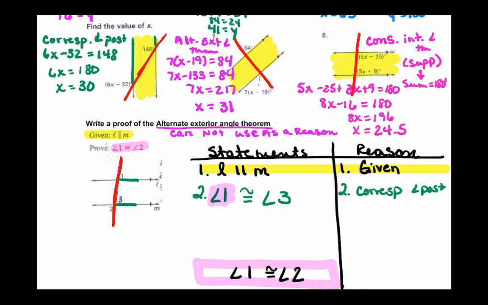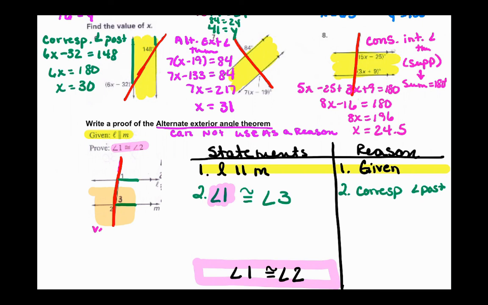That's all I can get with my parallel lines, but if I look at the picture at the section with angles 2 and 3, I can get some information here. So 1 and 3 were corresponding angles, and it turns out that angles 2 and 3 are vertical angles. And we have a theorem.